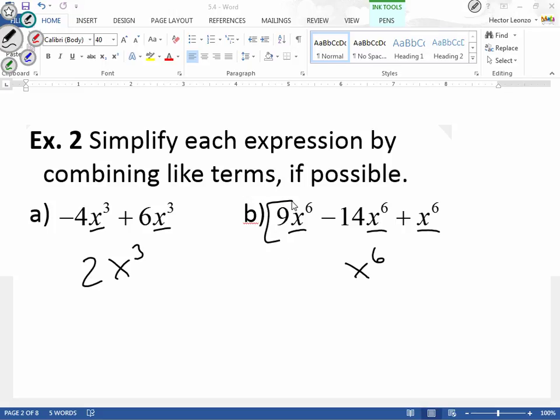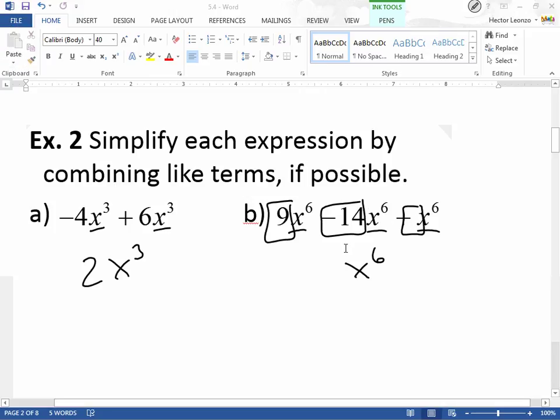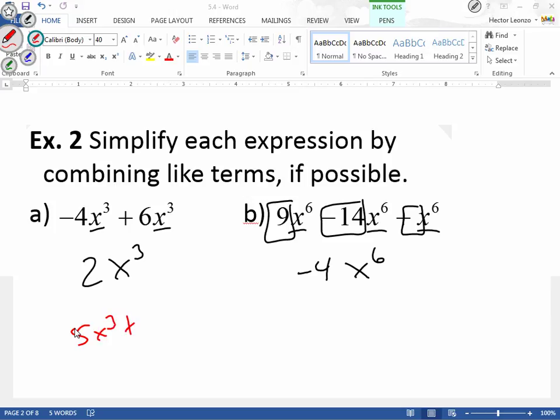I'm looking at 9 minus 14 plus 1. Right, there is a 1 in there. So 9 minus 14 plus 1. That should give me -4. So that's my coefficient.